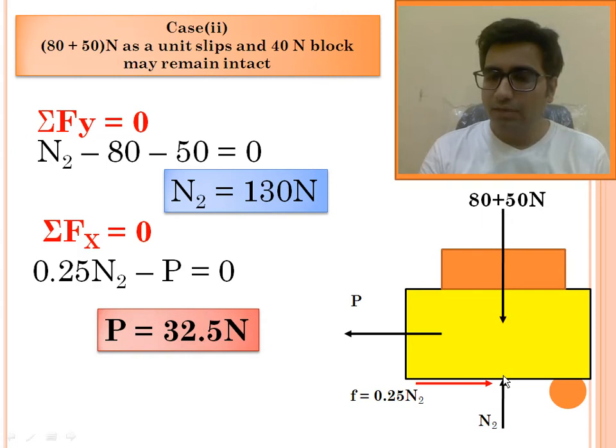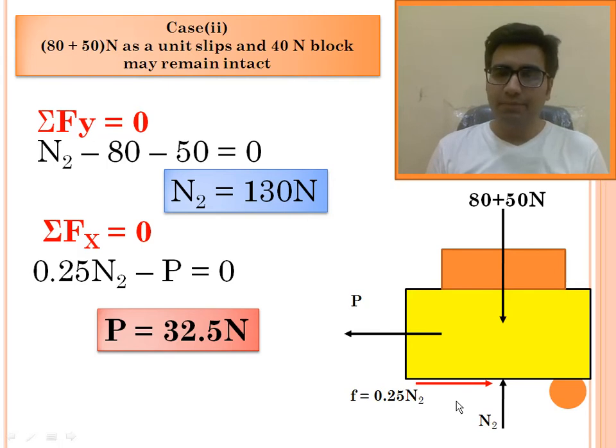The lower block is going to experience a normal reaction, and it is also going to experience the friction force. The coefficient of friction was 0.25, so the friction force is 0.25 N2. Applying the condition of equilibrium, in the vertical direction there are only two forces, so N2 equals 130 Newton. In the horizontal direction there are only two forces, so we got the value of P equals 32.5 Newton.